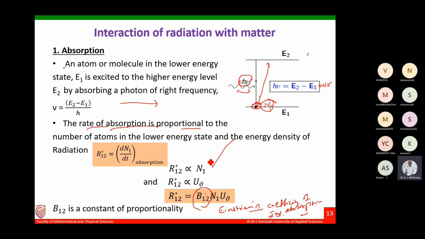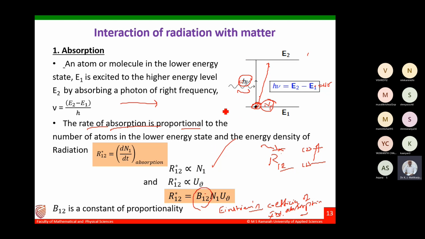And here, as you know, our rate is generally represented as R. The suffix represents that the transition is happening from energy level 1 to energy level 2. And this star represents that we are defining this rate in the presence of external radiation.